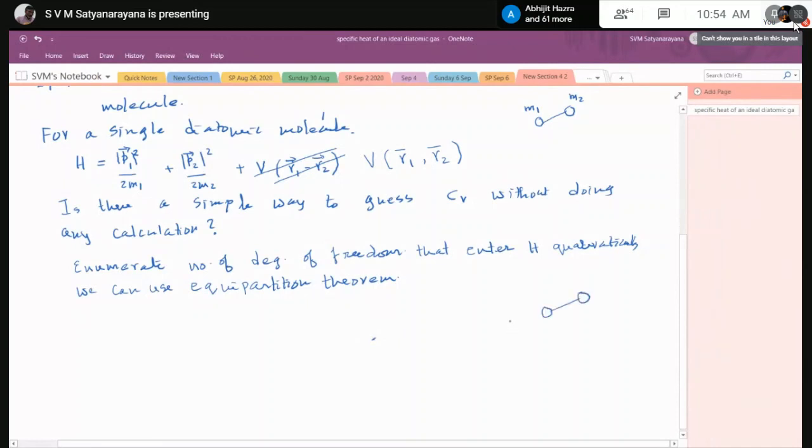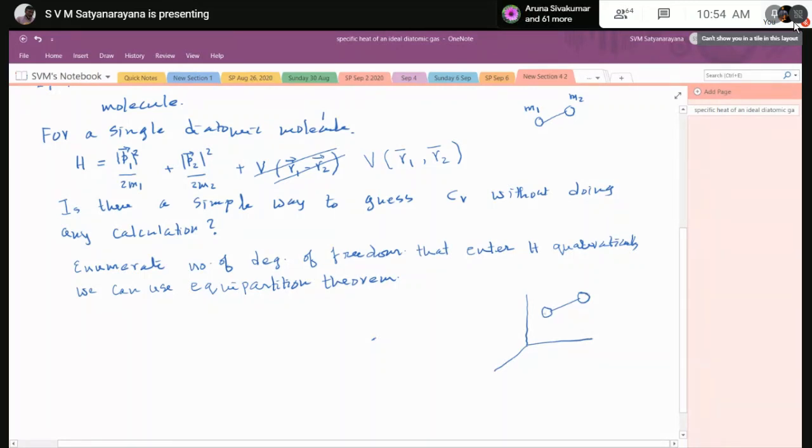Okay, so a diatomic molecule like this. Now you say that there are two particles, so this diatomic molecule is placed in 3 dimensions. Then each one will have three coordinates.